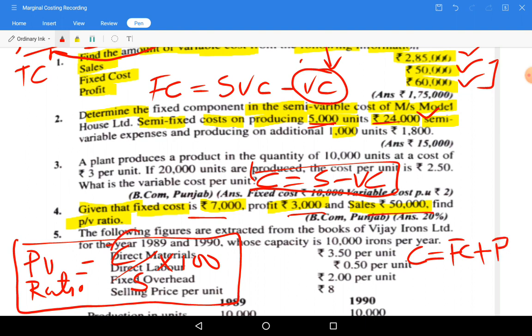So in place of contribution, what can you write? Fixed cost plus profit. You have fixed cost, you have profit, so you can easily get the contribution, that is 7,000 plus 3,000, which is equal to 10,000.